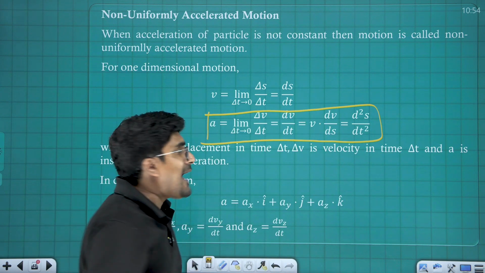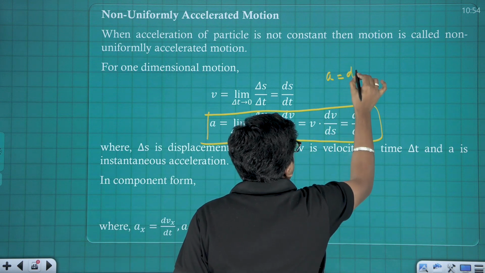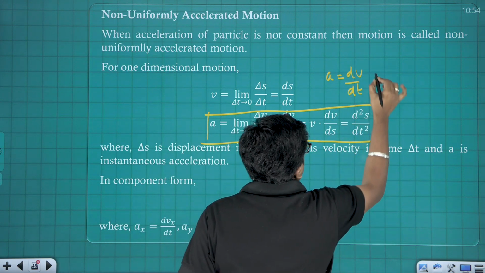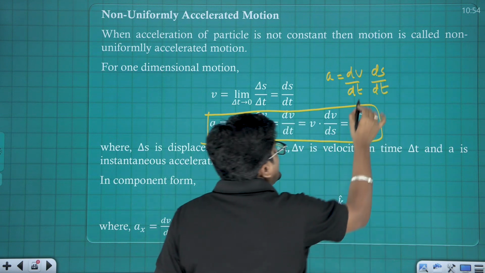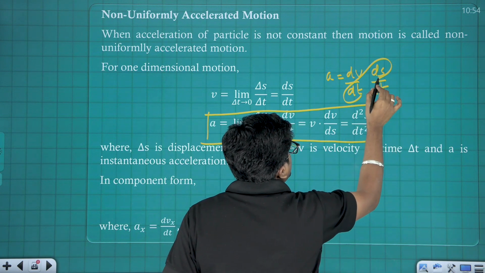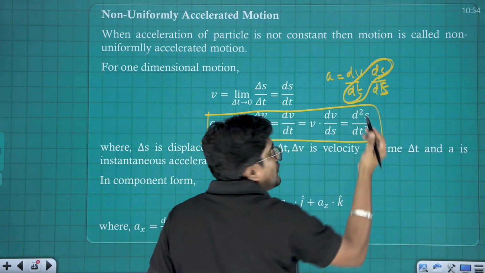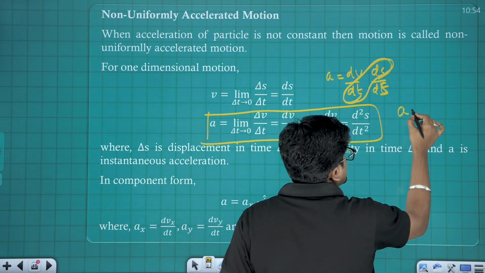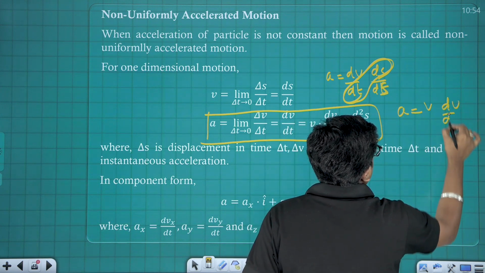We all know that acceleration a is dv by dt. If I multiply this term with ds and divide this term with ds, then ds by dt is going to be what? V only. So I can have the acceleration as a is equal to v into dv by ds.